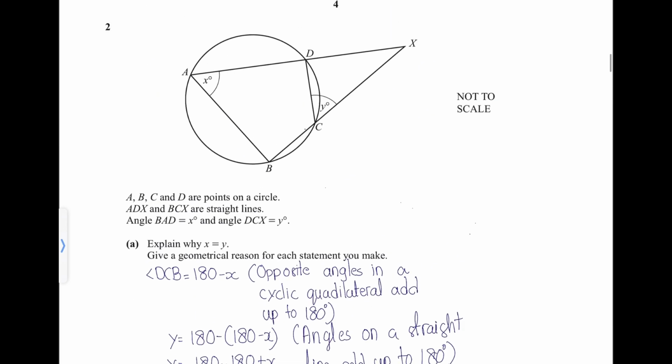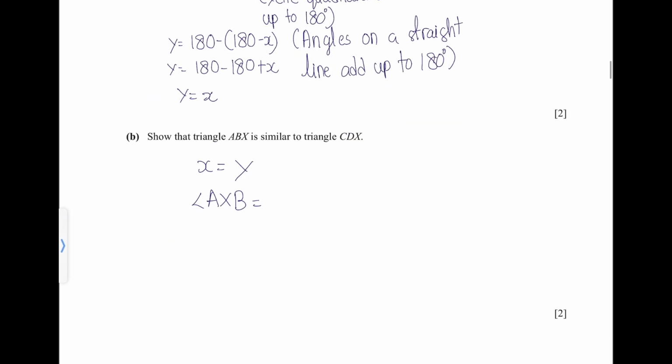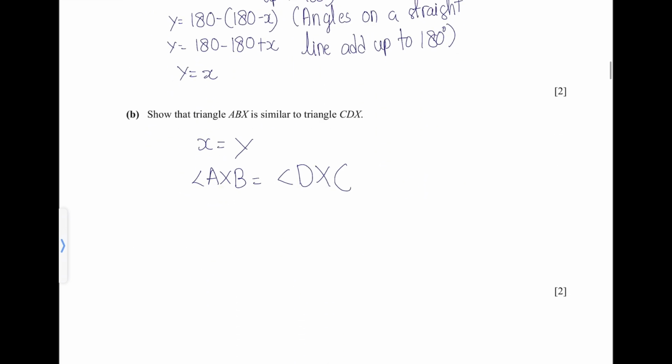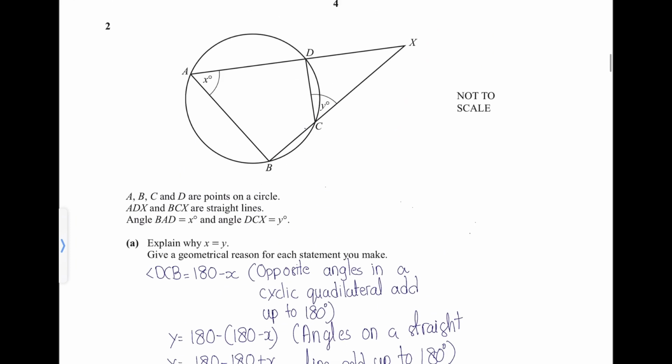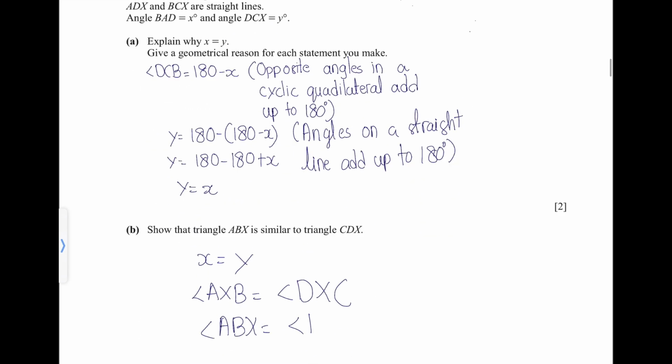is equal to angle DXC. So if you have proved that two angles are equal, that means the third angle, which is angle ABX, is equal to angle CDX.